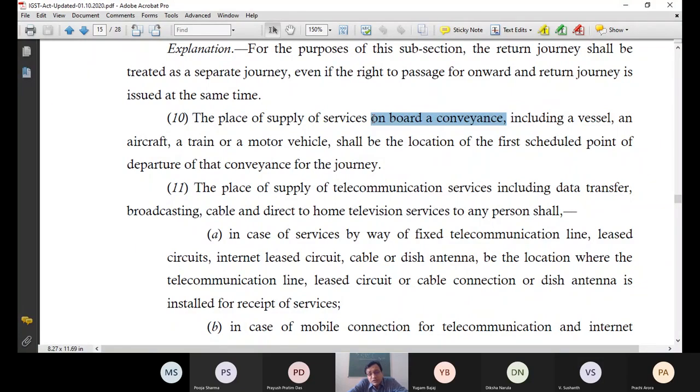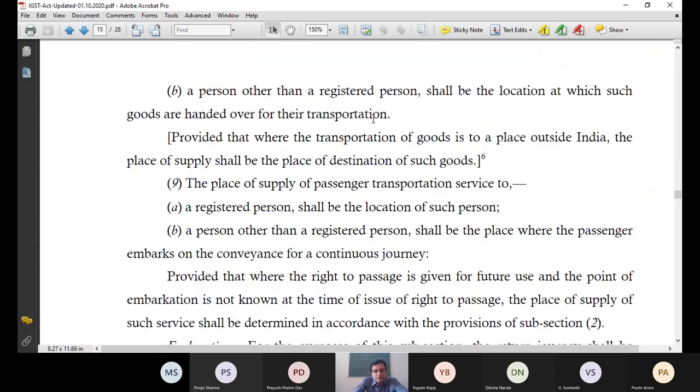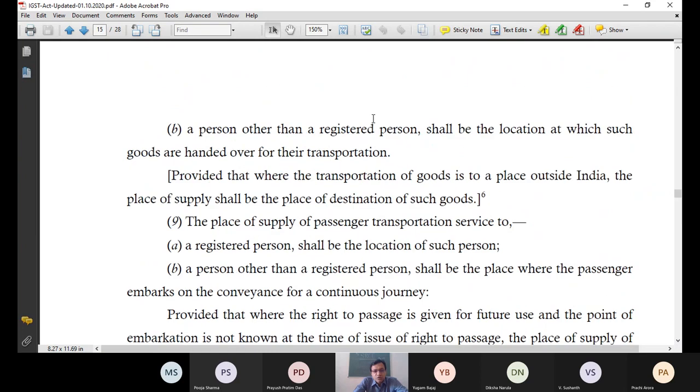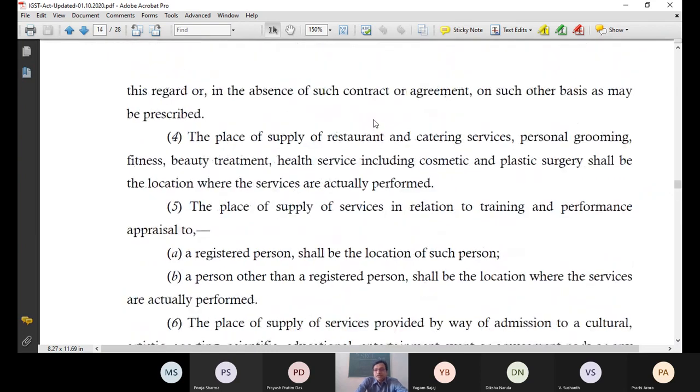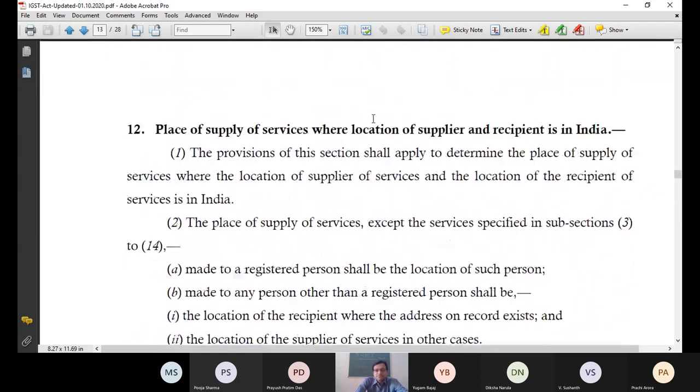So in that case, when goods were supplied on board a conveyance, the place of supply is the place where those goods were taken on board that conveyance. Let me show you section 10, subsection 1, clause E, so that there is no confusion in your mind.